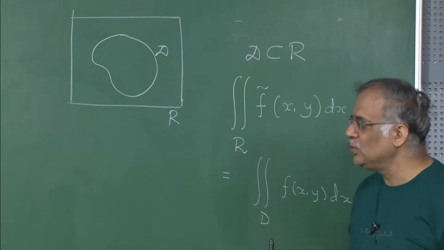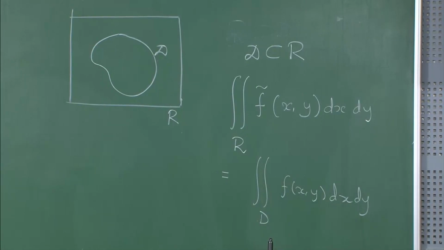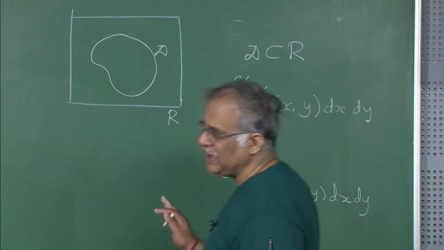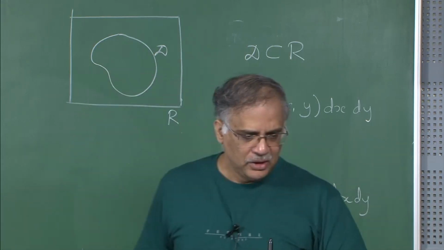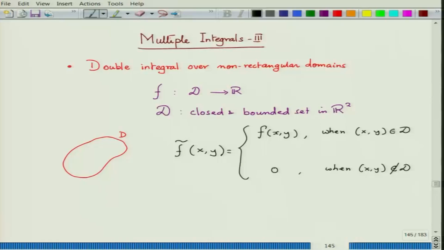So, the integral has no effect, the integral actually becomes 0 in that zone. There are many ways to look at it, this is one of the ways to look at it. You can figure out other ways too.